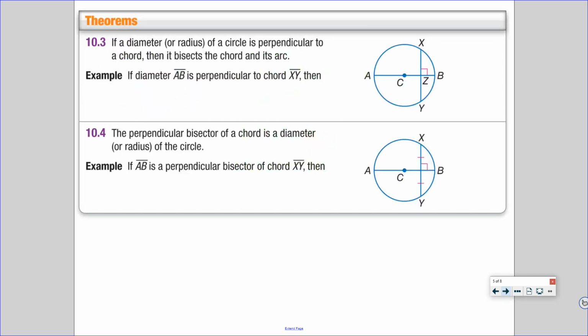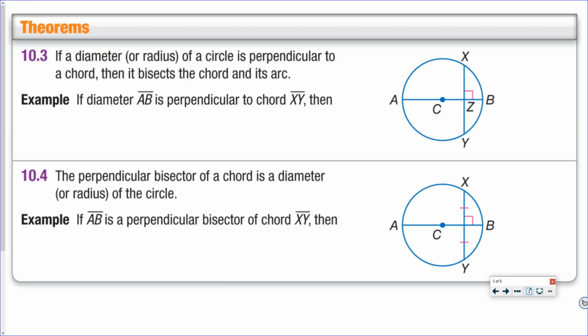Second piece of this lesson, the other thing we need to know. This one is kind of cool. I have a nice little visual for this. If you have a diameter or radius of a circle, and it's perpendicular to any chord in the circle, it's going to bisect the chord, or pass through its midpoint.